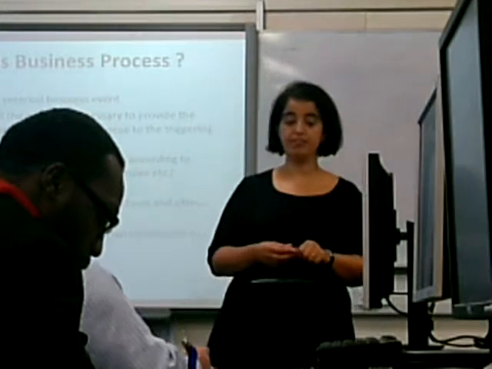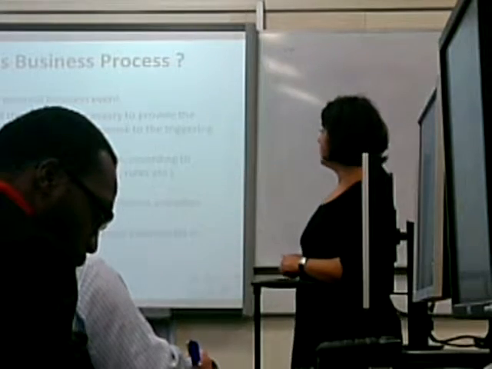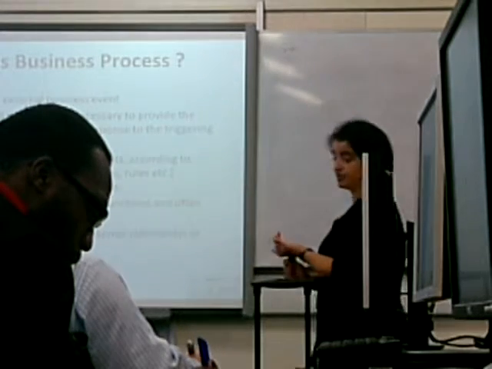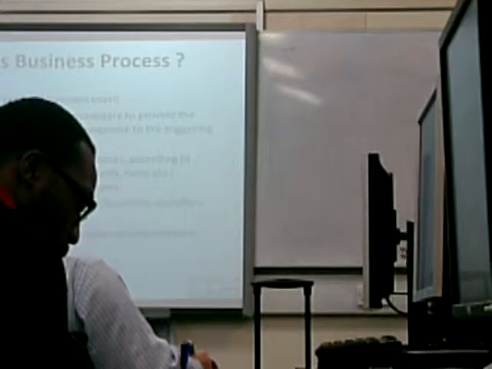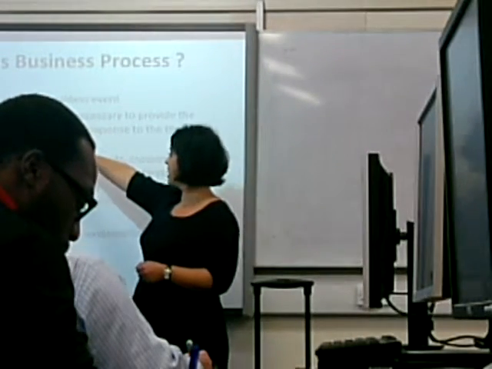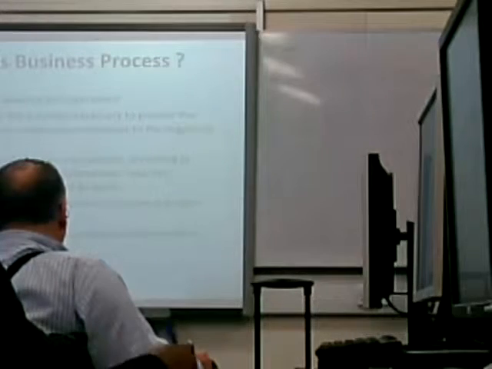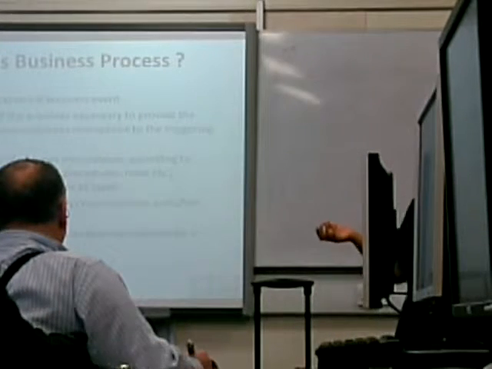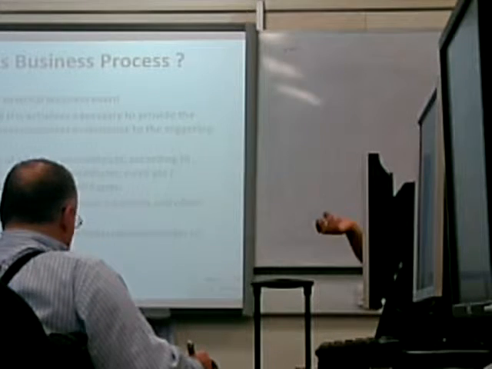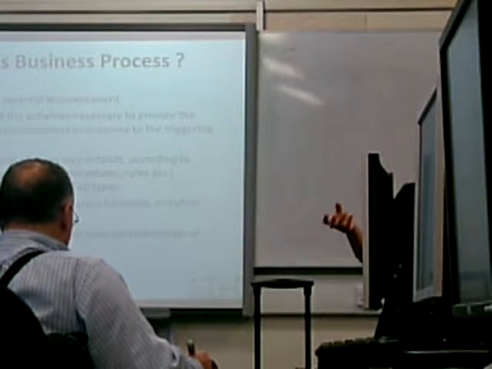Most of the time these processes are triggered by external events to the business, and each is usually comprised of a number of activities. What is quite important is to have the business outcome as a response to a certain trigger. So before you start opening an account, there should be a trigger, which is a request from a new customer to open an account.